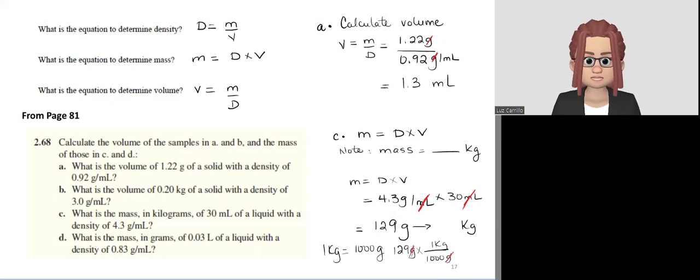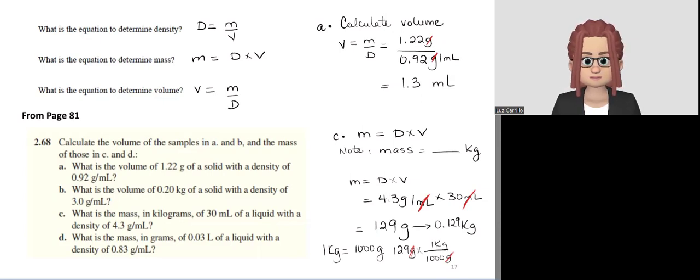And when I take 129 and I divide it by 1,000, I have a result of 0.129 kilograms.